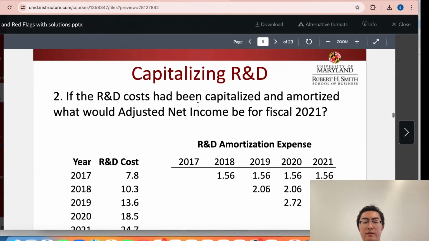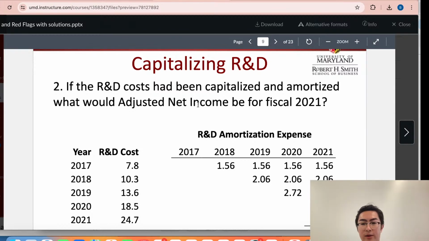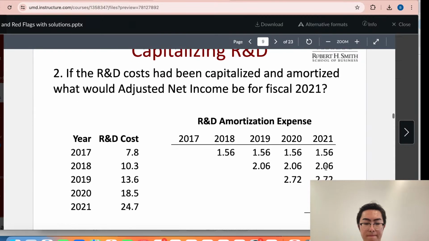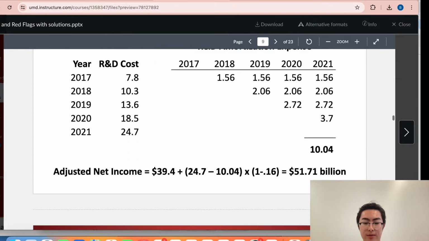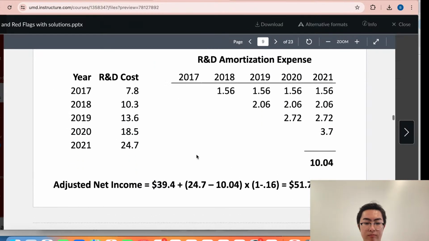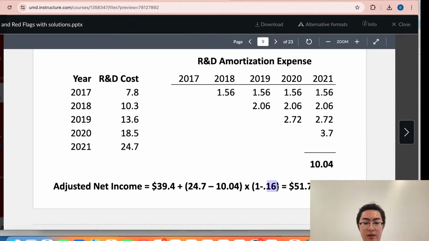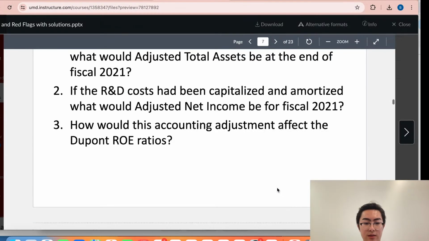Maybe there's also a tax effect here too, although I don't think it's going to be that complex. But basically, I think you add this back, and then you subtract the amortization of all of the previous years' R&D. Oh, so this is the amortization expense. Okay, so this is the tax, I think, actually.